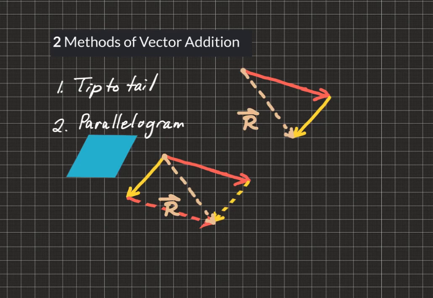A situation for which the tip-to-tail method excels is one in which you have something like this. Vector A plus 2 times vector B plus vector C, vector C, plus vector E. And what is the resultant?